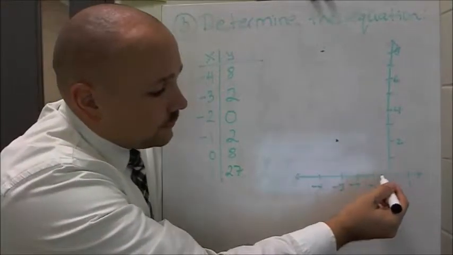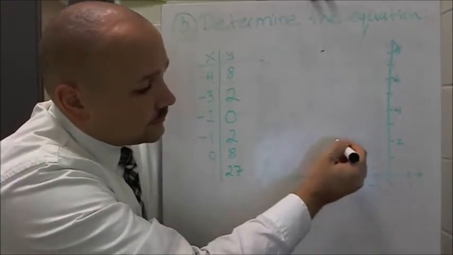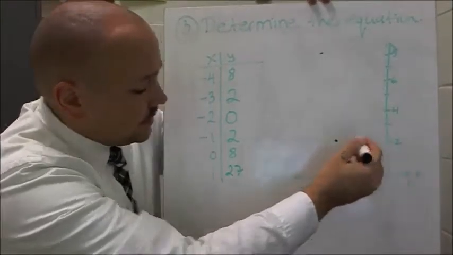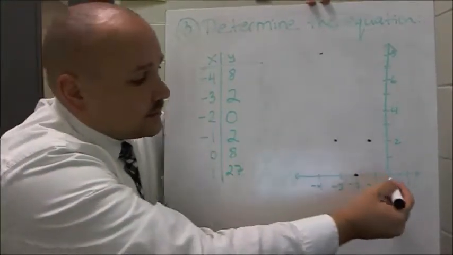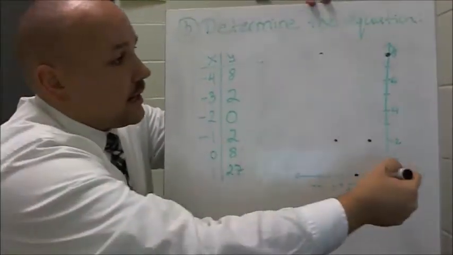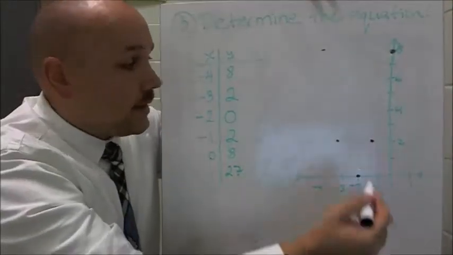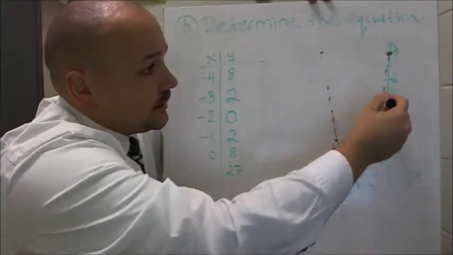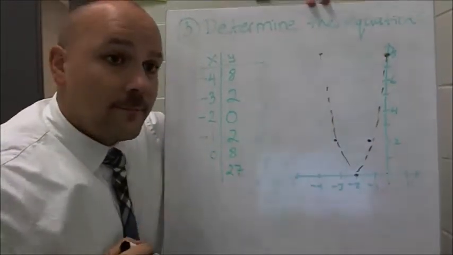Negative 2, 0. Negative 1, 2. 0, 8. And now I can see my parabola. There's another point at 12, 7, but I don't even need to plot that, because I can see my parabola has already taken shape there.